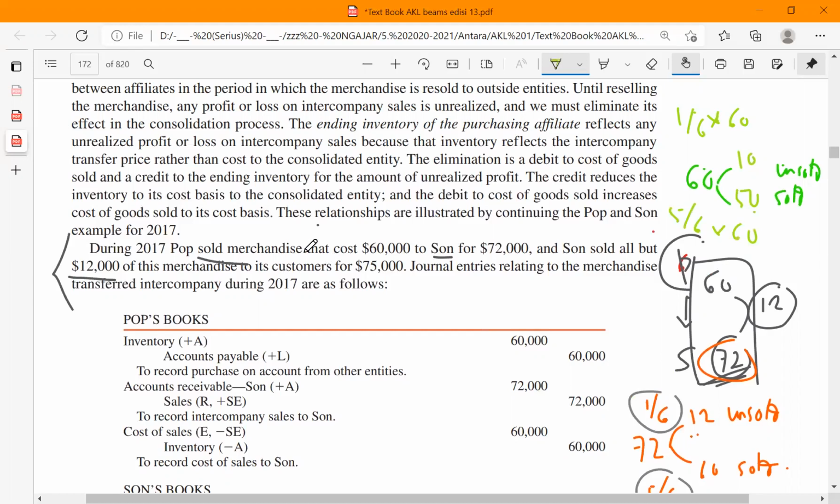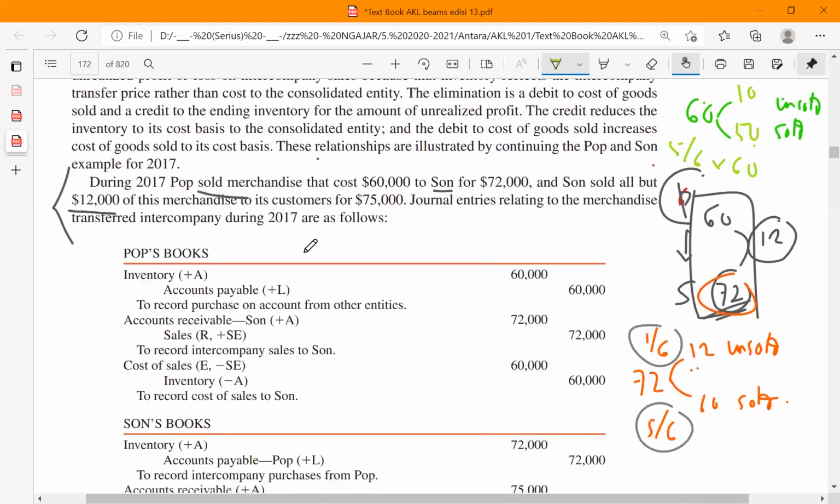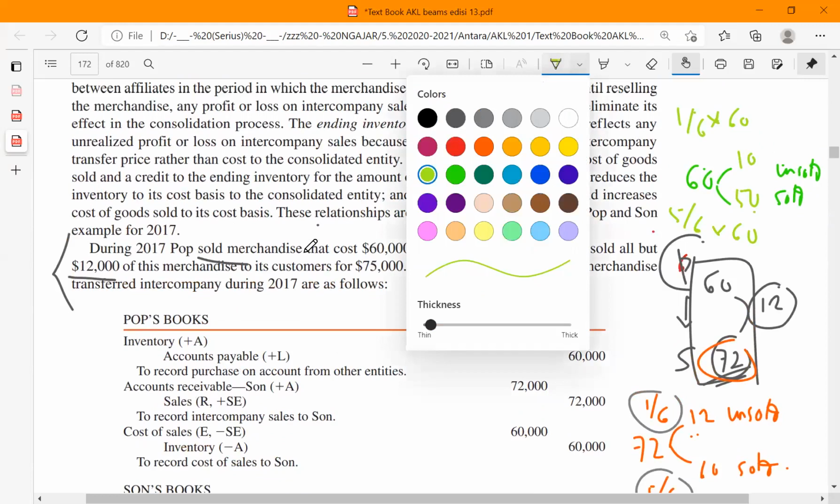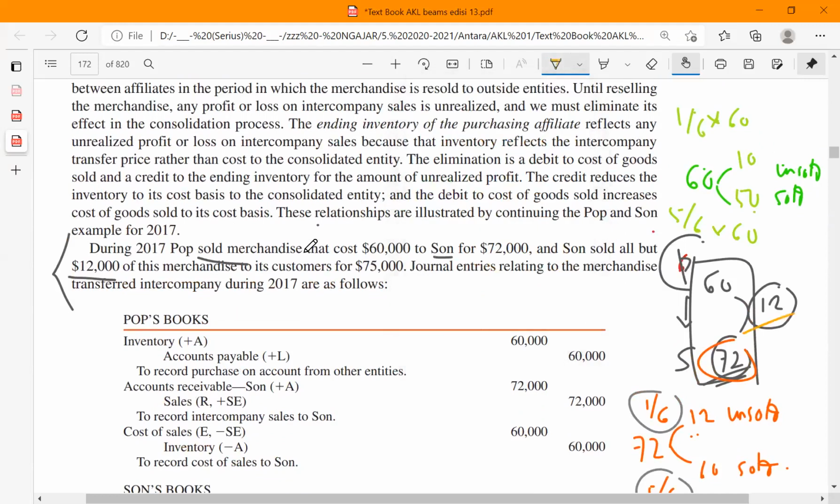So finally we can compute the unrealized profit occurring here. The original profit that should be recognized by P if all of the inventory is sold is 12, right? But because 1 per 6 of its inventory is still unsold by S to the end customer, from this number we get also the unrealized and realized part.